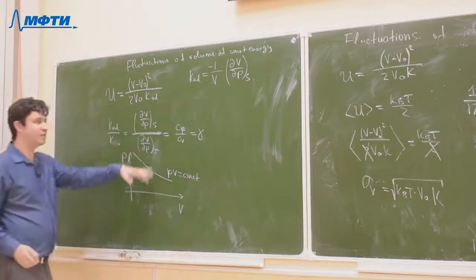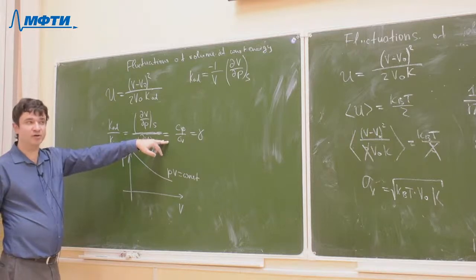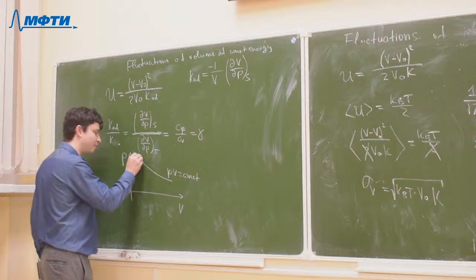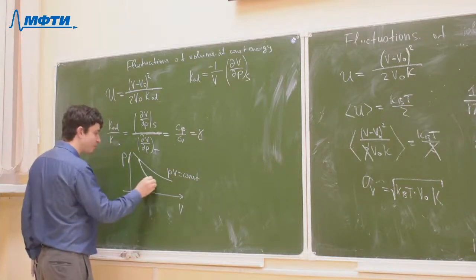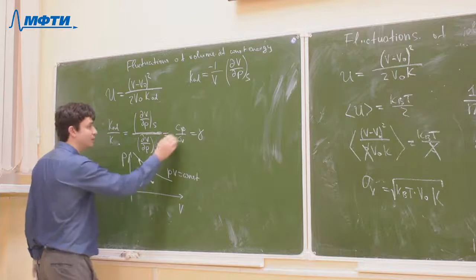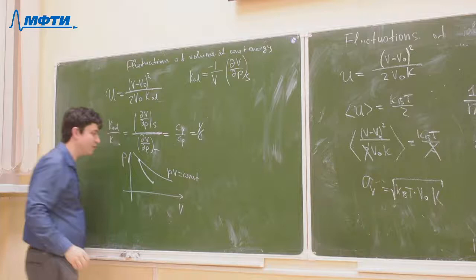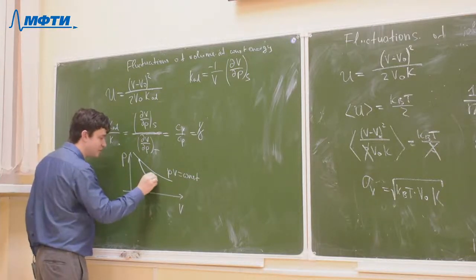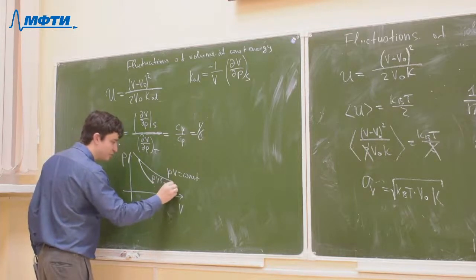This is an example which shows this expression is valid for any kind of material, but I would show it on a particular example of ideal gas. It's actually Cv over Cp, which is 1 over gamma. So here the adiabatic process has the formula PV to the power of gamma is constant.